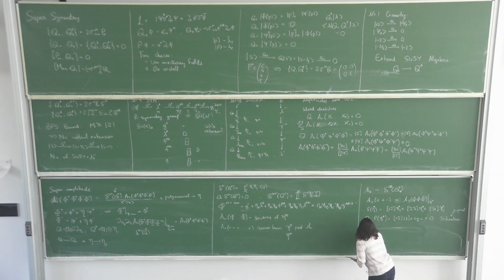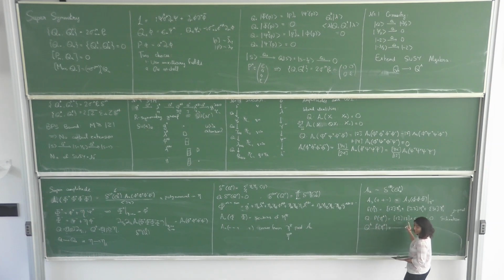Q dagger, on the other hand, acting on F, replaces this with an angle, right? So I have 1 2 angle 3, plus 2 3 angle 1, plus 3 1 angle 2. Is that right? Oh, but it multiplies, right?